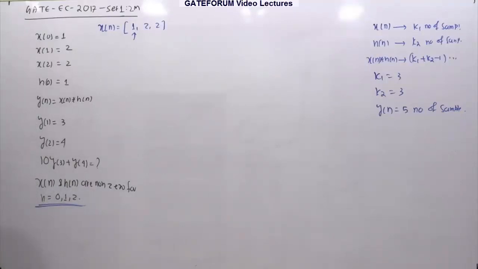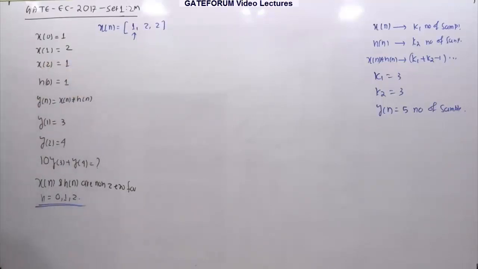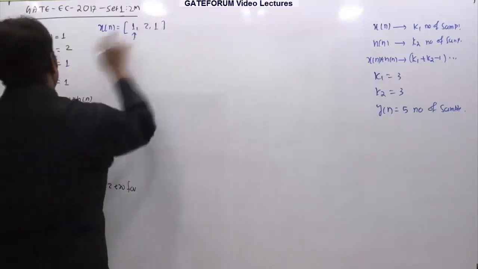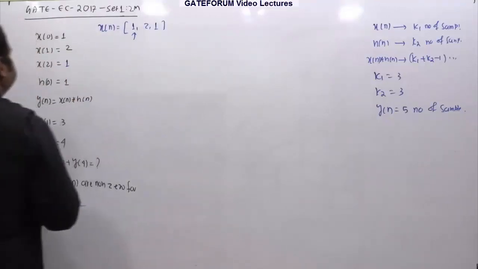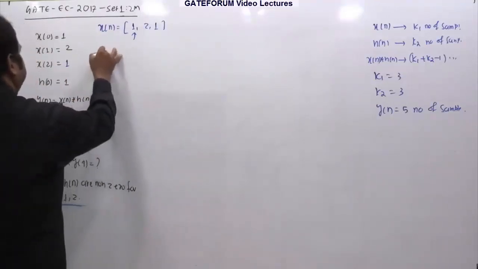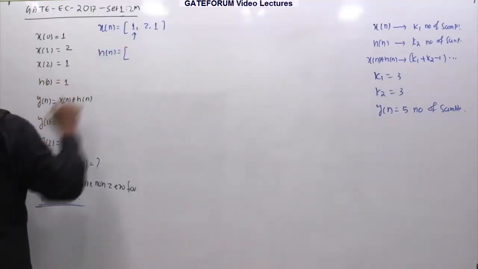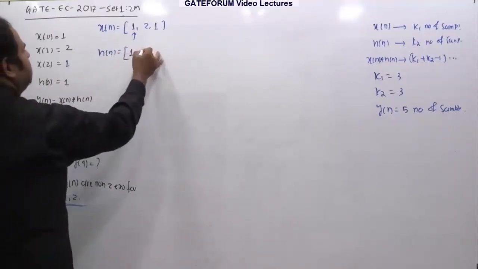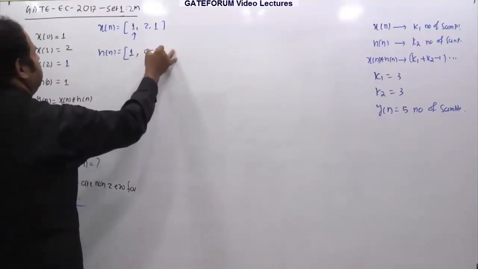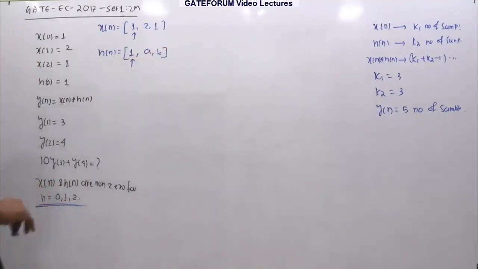Sorry, make a change here: this was actually given as 1, I had written 2, so make it 1. This is given in the question. And h of n, its 0 sample is given as 1. But how many samples does it have? It has 3 samples. These 2 samples we don't know, so let's say these 2 samples are A and B. So h of 0 is here, so the arrow mark is here.